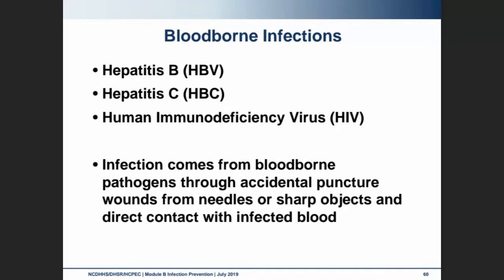Residents can get an infection from bloodborne pathogens by sharing contaminated needles, by sharing contaminated finger stick devices like blood glucose devices, or from direct contact with blood from an infected person. And of course, we can get, as healthcare providers, exposed and infected if we accidentally stick ourselves with a contaminated sharp, or again with direct contact.